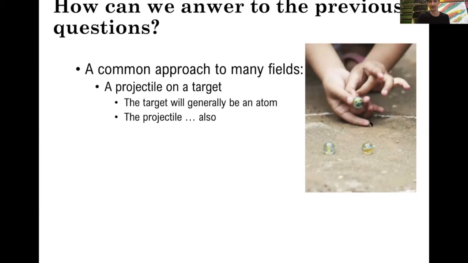So the two of them are atoms. For example, if we denote the projectile as a little a and the target as capital A, these two will result in the formation of a compound nucleus or a different final state. And what we want to do is to study exactly all those final states.